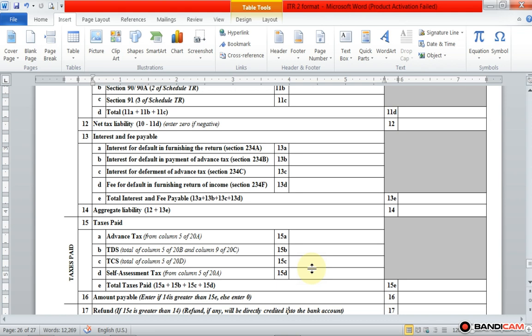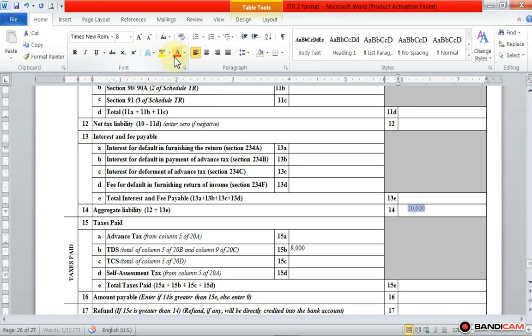For example, here we put the figure, that the tax liability of the assessee is rupees 10,000, and TDS paid by the assessee amounted to rupees 8,000. It means the aggregate tax liability is more, amounting to rupees 10,000, but during the year the assessee paid only rupees 8,000 as income tax. So here find out the difference.